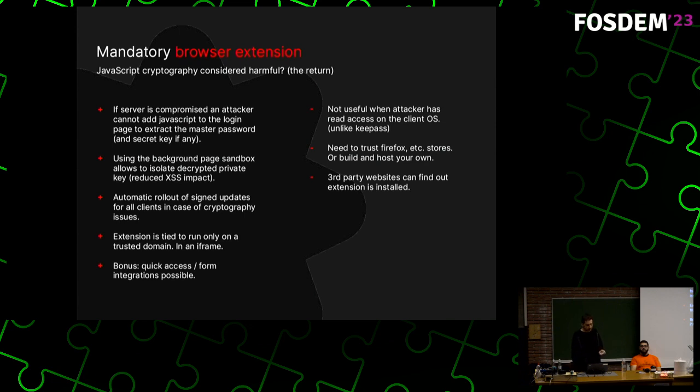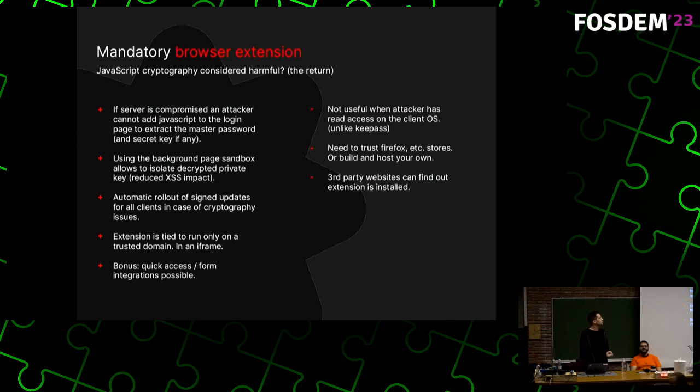One of the advantages of this is that you can also roll out updates automatically. So for example, if you're using Passbolt in your organization, if there is a flaw in the client, you will get the updates automatically. You don't need to update your server to get a fix on the client. So this has the disadvantage that you need to trust us with the update.